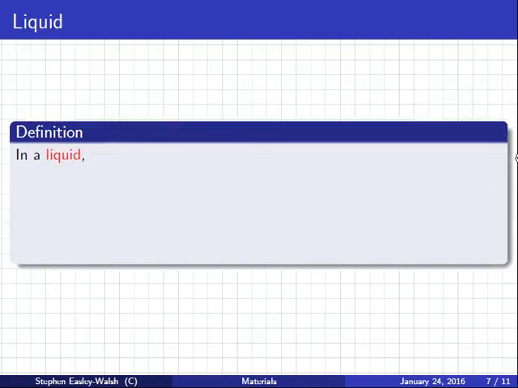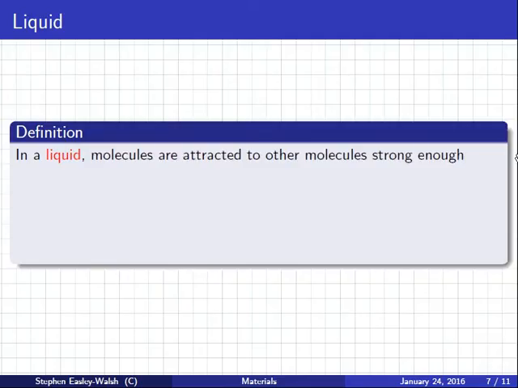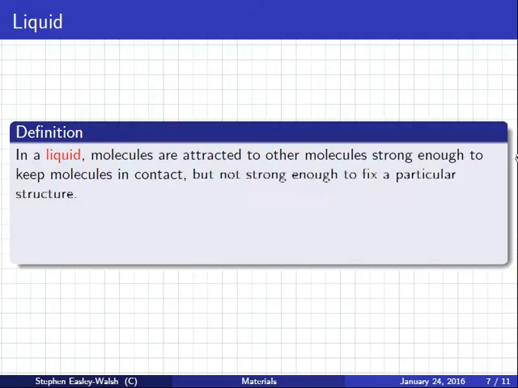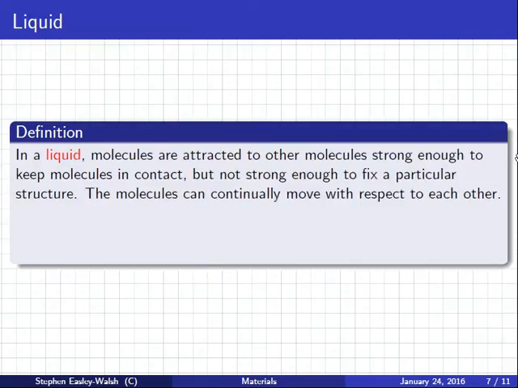In a liquid, the molecules are attracted to other molecules strong enough to keep the molecules in contact, but not strong enough to fix them in a particular shape. The molecules can continually move. So what this means, in a liquid, there is a bond between the molecules, a force between the molecules, but it's not strong enough to keep them locked.